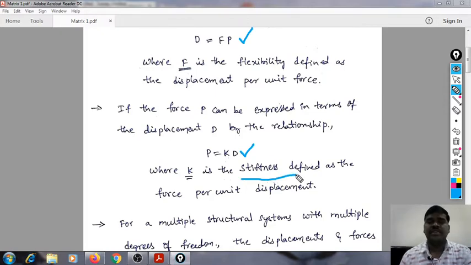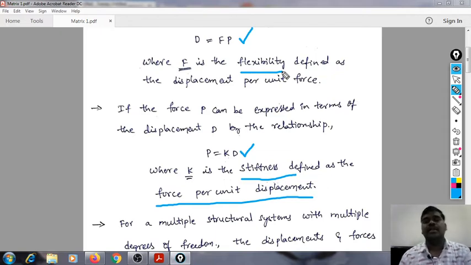Stiffness is the resistive force per unit displacement, that is, the force per unit displacement, against the displacement. So this is regarding the flexibility and also stiffness. By this a student can understand that flexibility is the inverse of the stiffness.